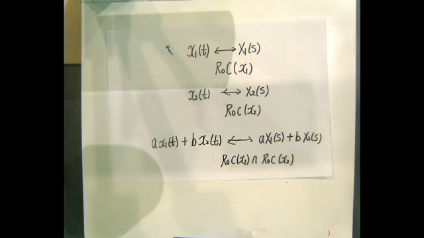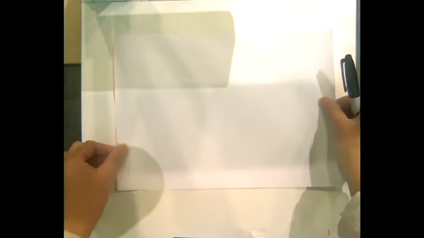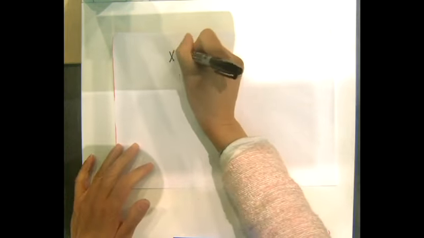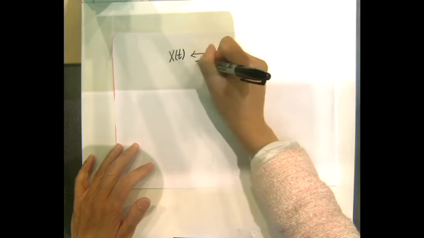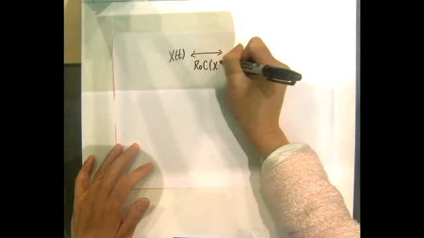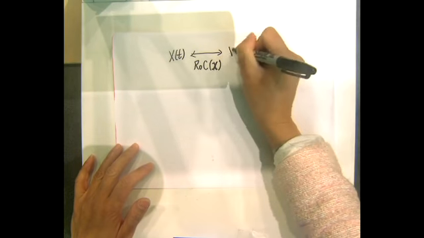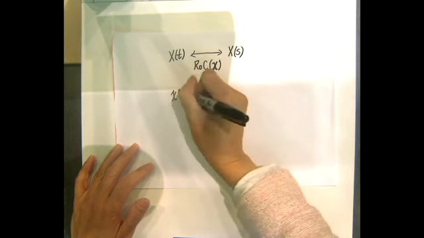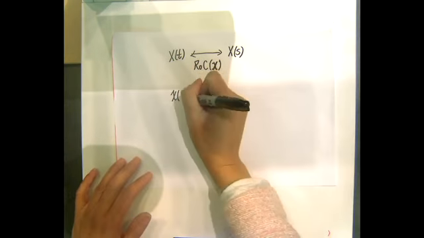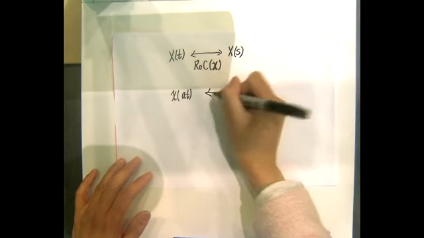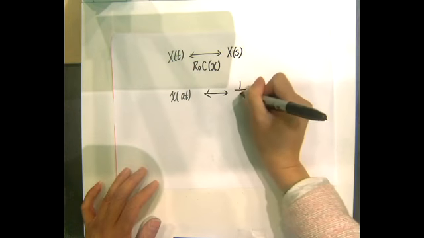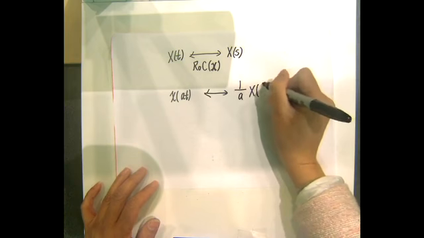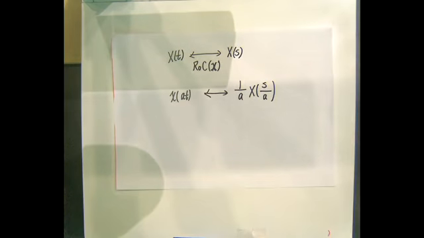So when you consider time scaling, that's also easy. When I'm talking about this kind of time scaling, x(t), and I will consider my region of convergence R, X(s), and x(at), you will have 1 over |a| X(s/a). Okay?